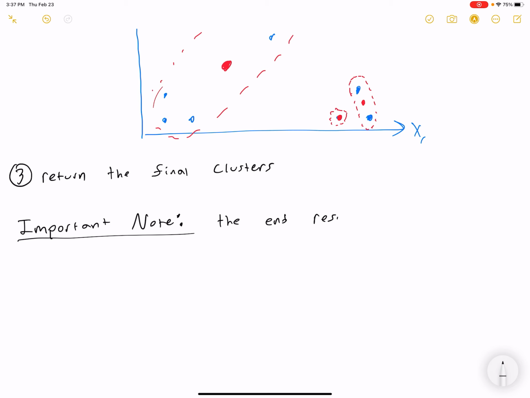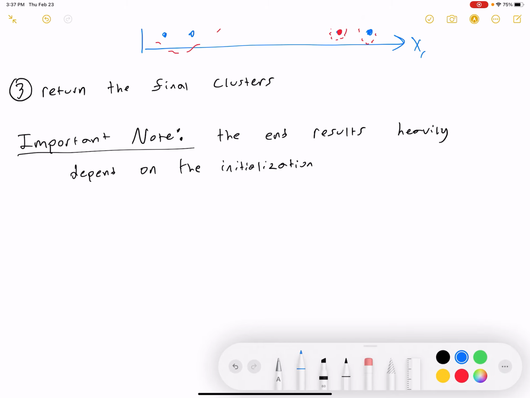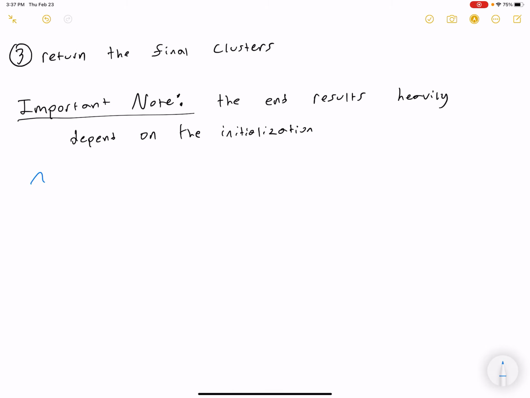The end results heavily depend on the initialization of the clusters. I mean, you could probably already see that, or if you thought about it, you can come to that conclusion. But just to show you an example, looking at the data set from before, let's draw two scenarios.